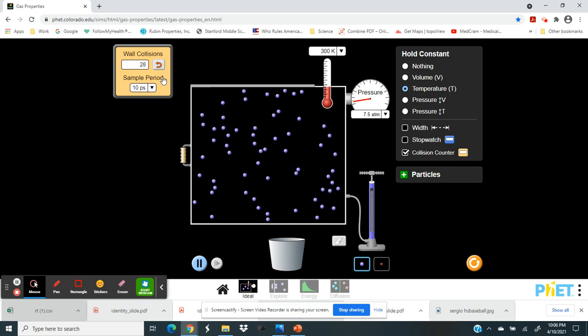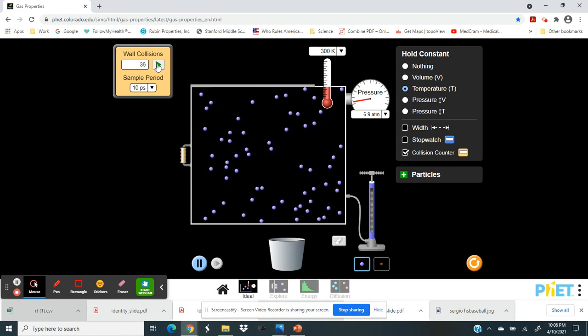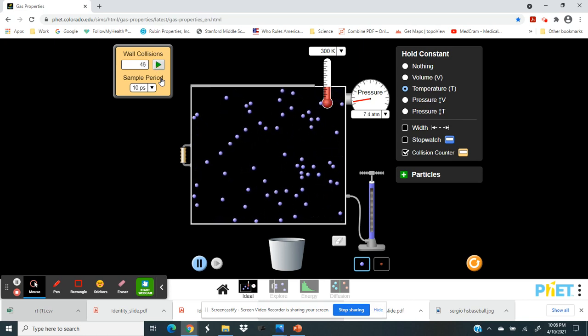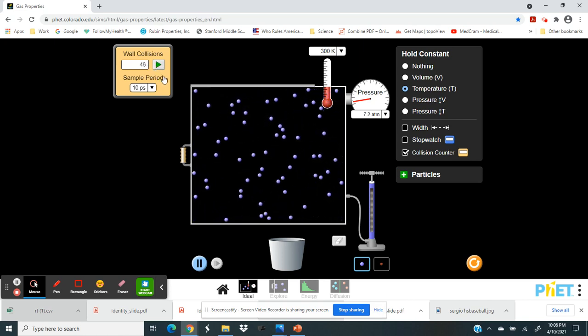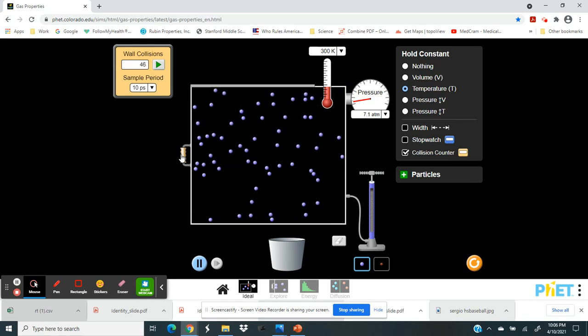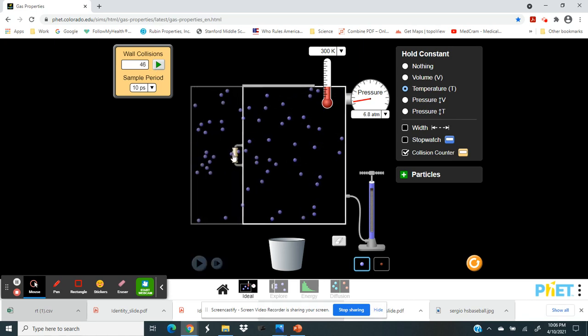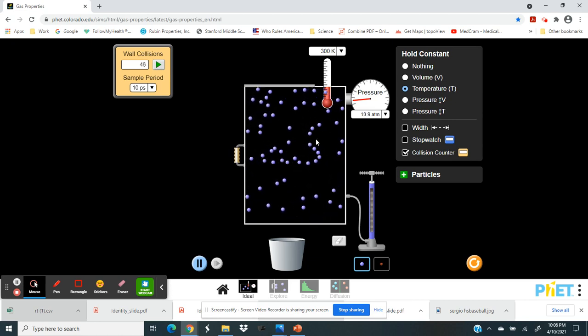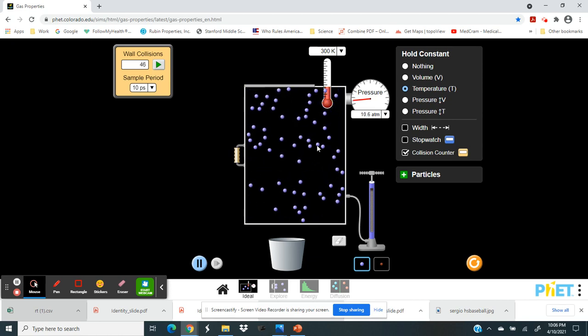So roughly about 40, right? Well, 36 is a little bit lower. If you get an average, they're roughly around 40 right now. If I go ahead and make this volume smaller, notice that there's less space, so they're bouncing against each other more often.